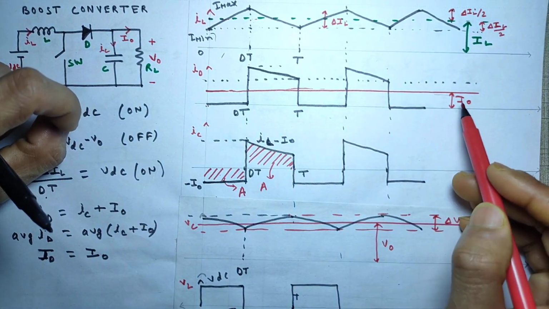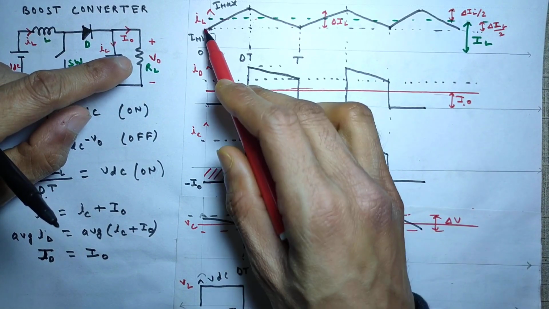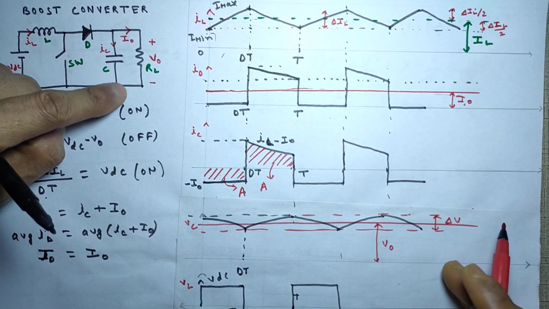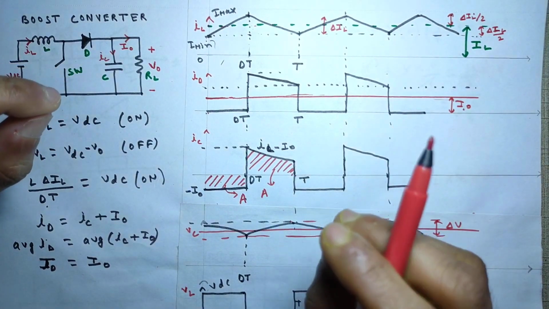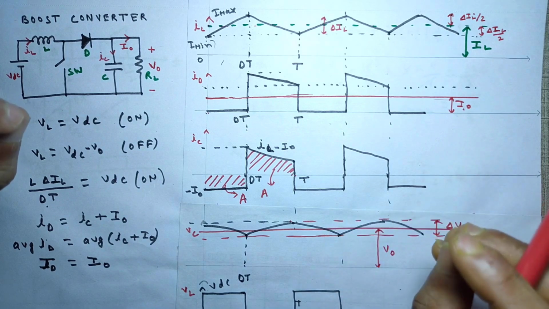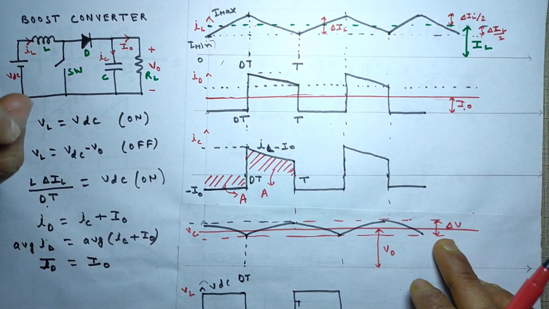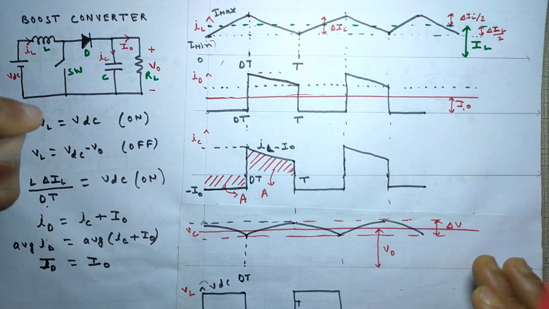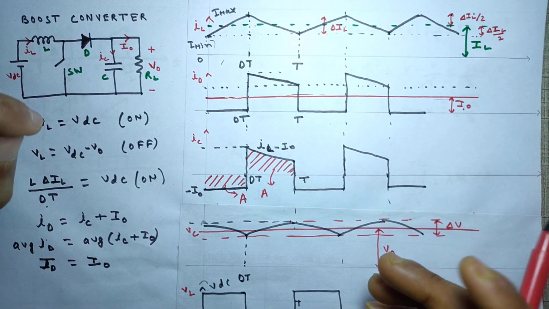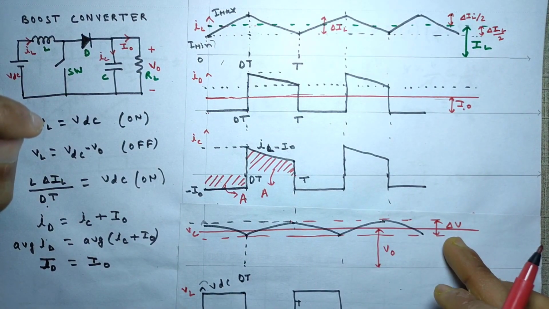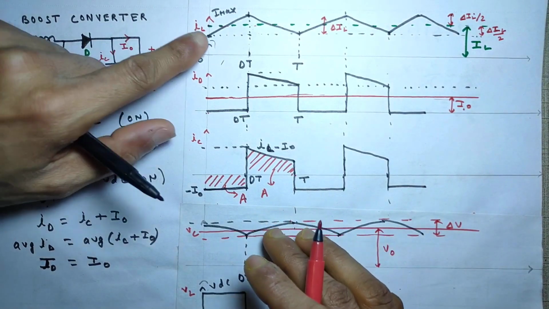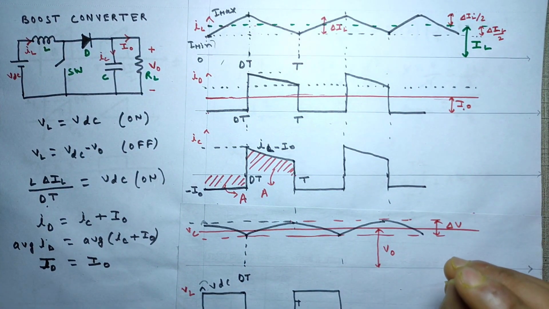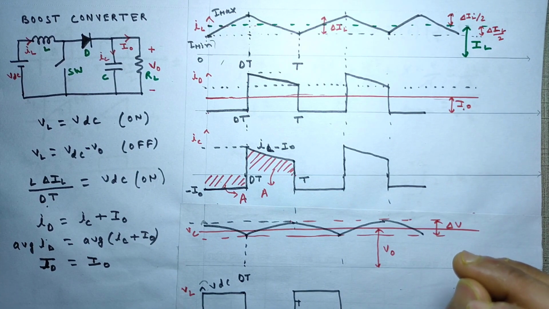So friends, see this ripple current delta IL is always greater than delta V. In the converter, the ripple in the current will always be greater than the ripple in the output voltage. Something like 20%, that ripple voltage is 20% of this delta IL. Okay friends, so here we are doing one approximation which is called a small ripple approximation.